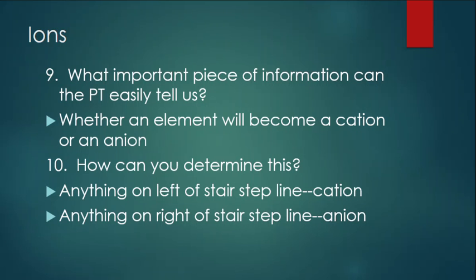Anything on the left side, you are a cation. Anything on the right side, you are an anion. Only write on the periodic table what I am asking you to do. That's it. No more. You're going to have to memorize that everything on the left is positive, everything on the right is negative. Leave your periodic tables ready for more tattooing. Plenty of tattooing to do.